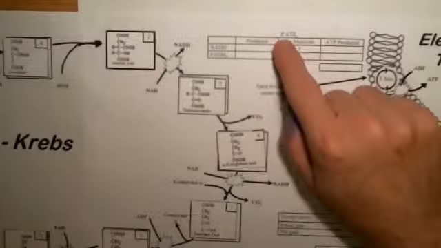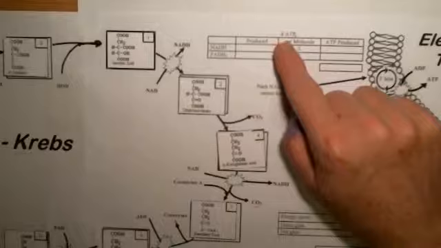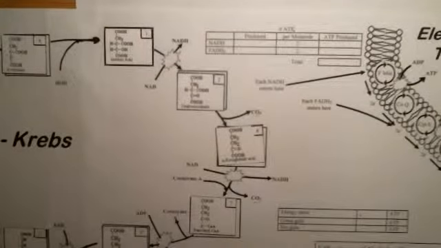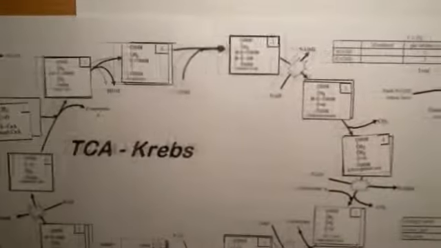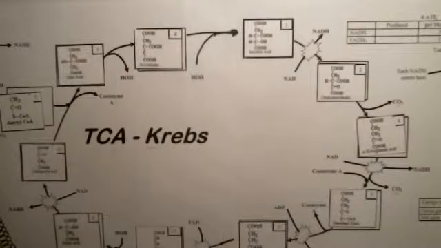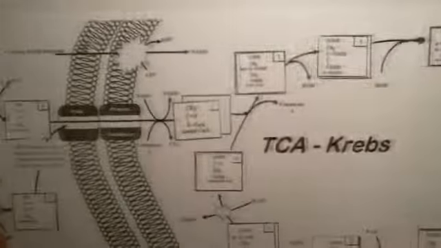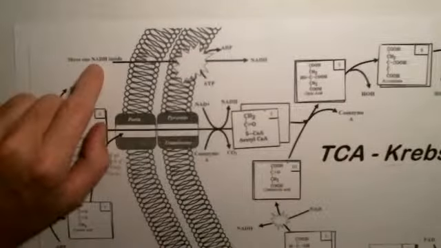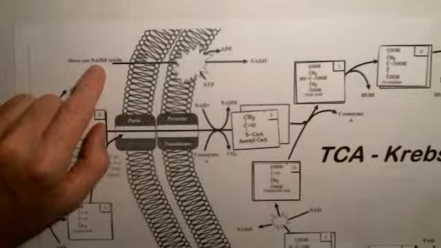Now, to fill this part out, to figure out how much is being made or converted, we need to make sure that we have all the NADHs. And if you remember back in glycolysis, we had 2 NADHs that were formed right after the split.